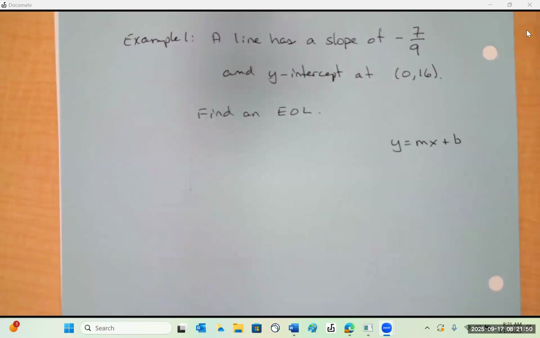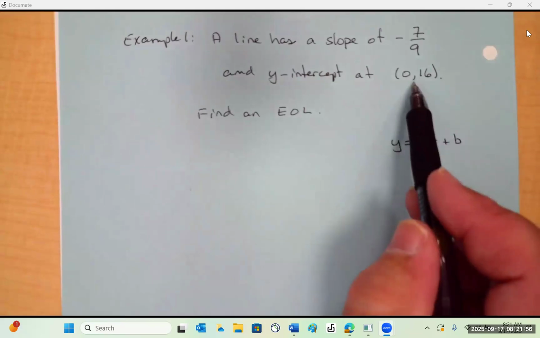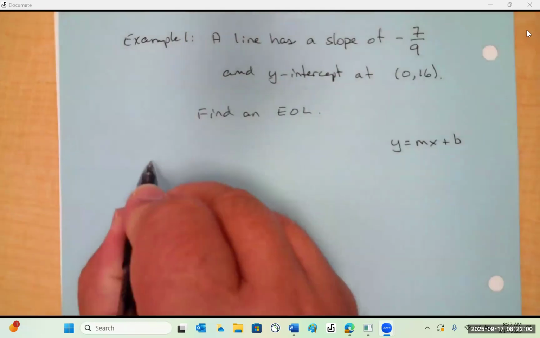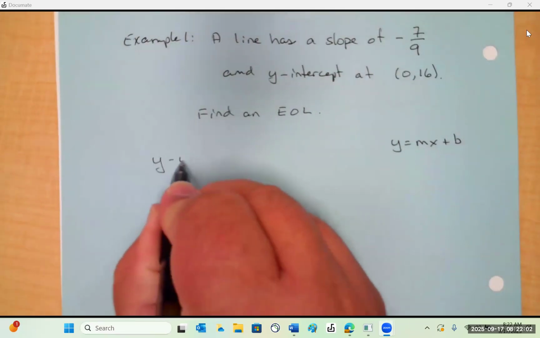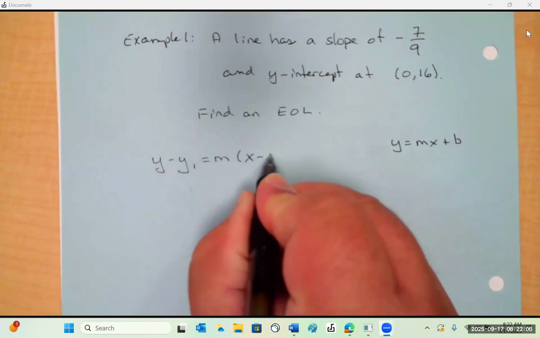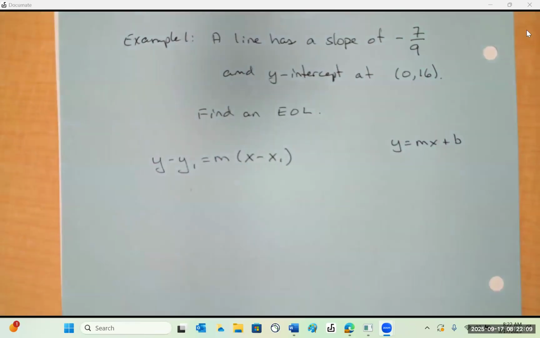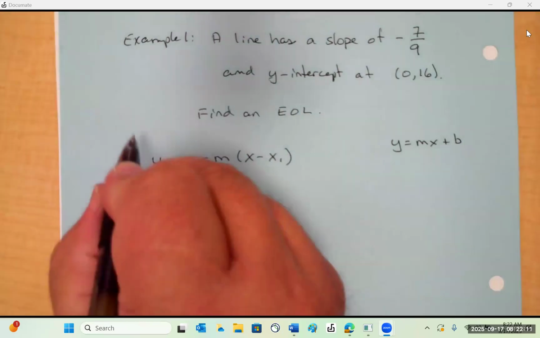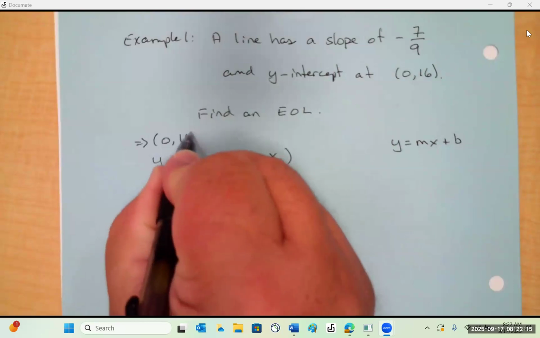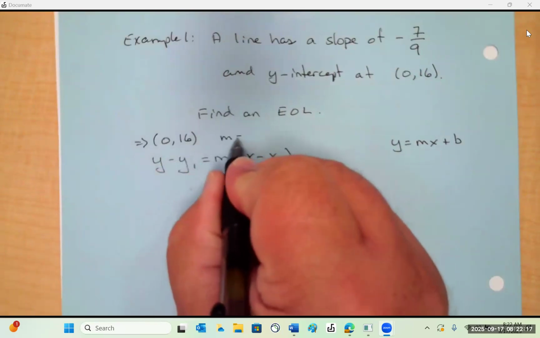But which formula would you use to start off with? Because you're given a point and you're given a slope, you use the point slope formula, because we're given the point and the slope.